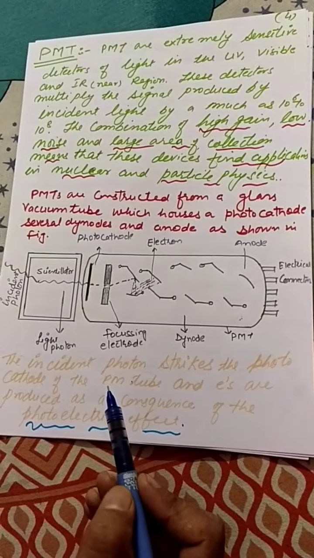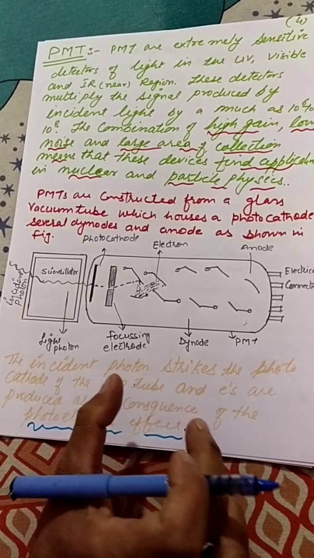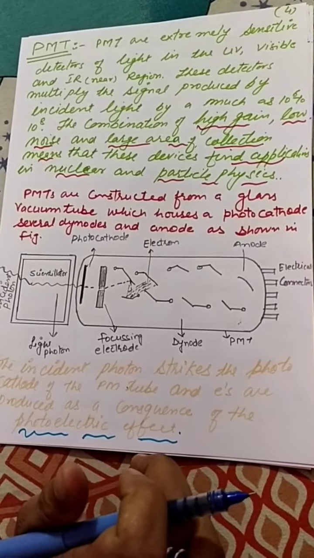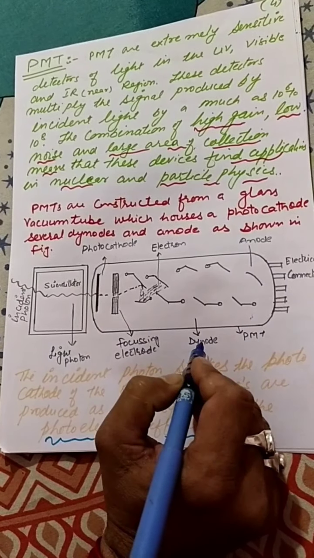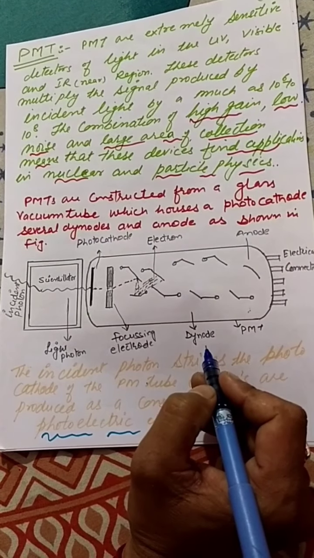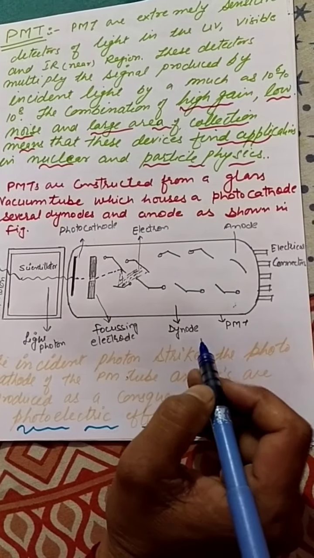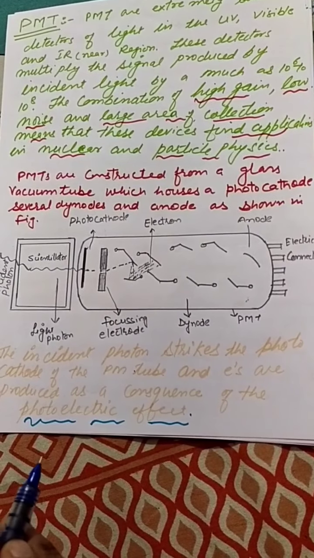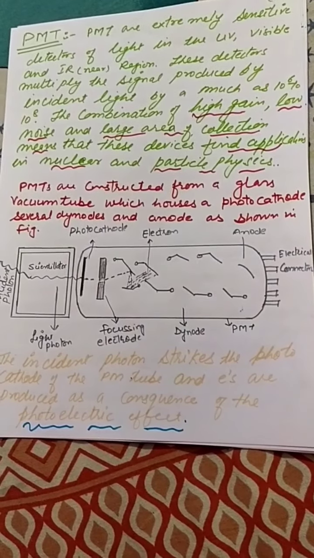So the electron multiplier consists of a number of electrodes called dynodes. Each dynode is held at a more positive voltage than the previous one, approximately 50 volts to 100 volts. The electrons ejected by the photocathode, as they move towards the first dynode, are accelerated by the electric field and arrive with much greater energy.